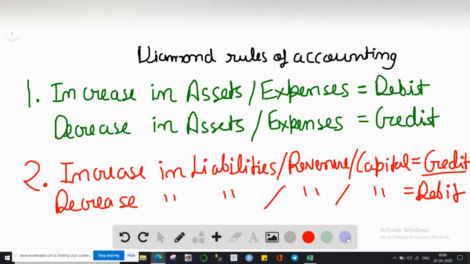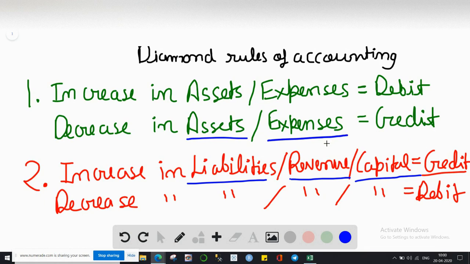So these are the five types of accounts we have: capital, revenue, liabilities, assets, and expenses. Now what happens whenever we talk about revenue? What is revenue? Let's say we are in the business of selling video games or foods and beverages to our customers.